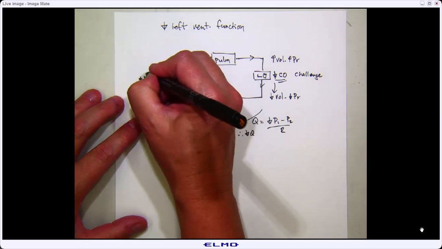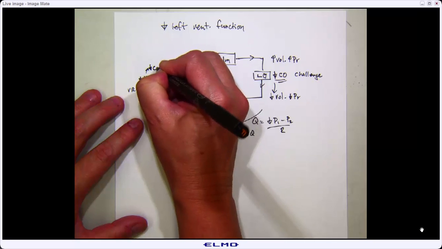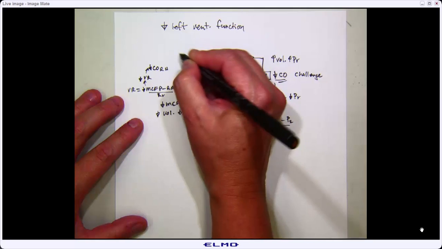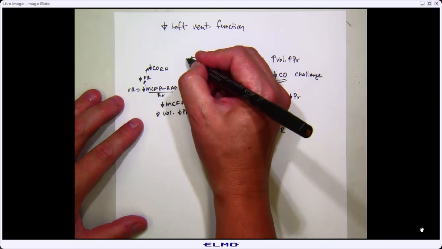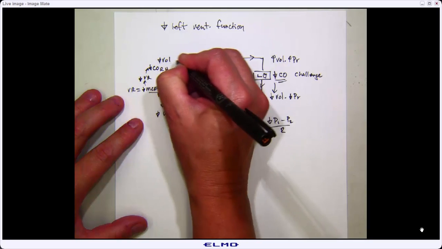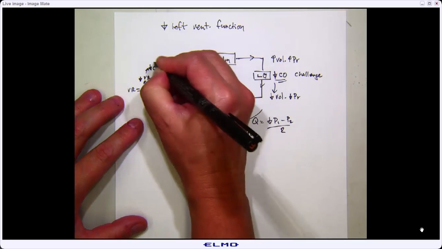Okay, so that means we're going to have a decrease in cardiac output of the right heart, which means up in this region, the pulmonary arteries, we're going to have a decrease in volume and a decrease in pressure because of that.